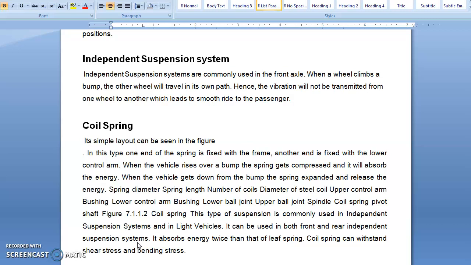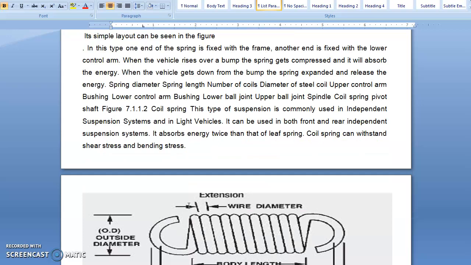So the first component we are going to read in independent suspension is the coil spring. Its simple layout can be seen in the figure. Now you can see this is the diagram of the coil spring.